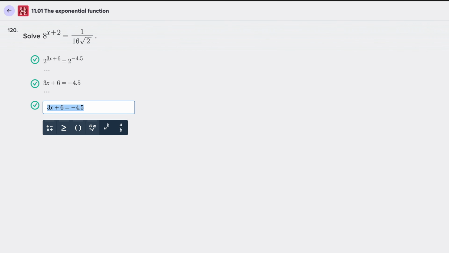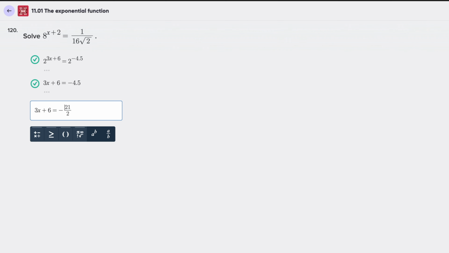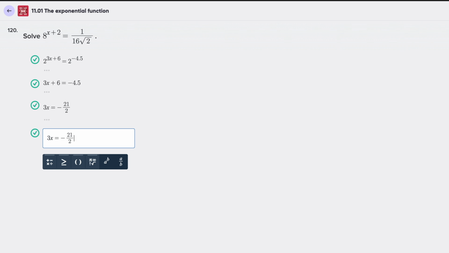Negative 4.5 minus 6 is equal to negative 10.5, so negative 21 over 2. Divide by 3.